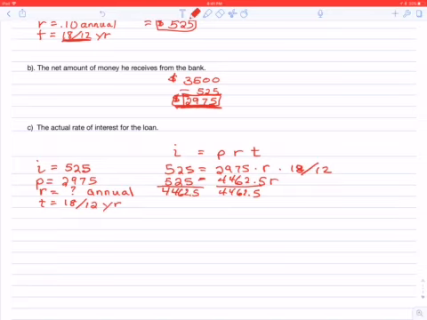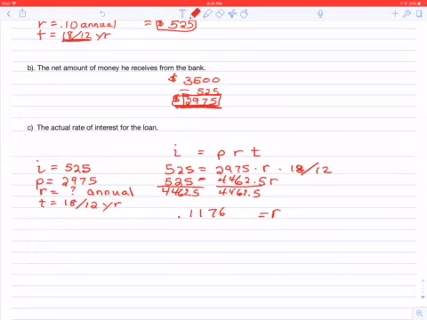And I'm going to want this rate to the nearest hundredth of a percent. So I'm going to round to 4 decimal places so that when I convert it to a percent, I'll get it to the nearest hundredth of a percent.